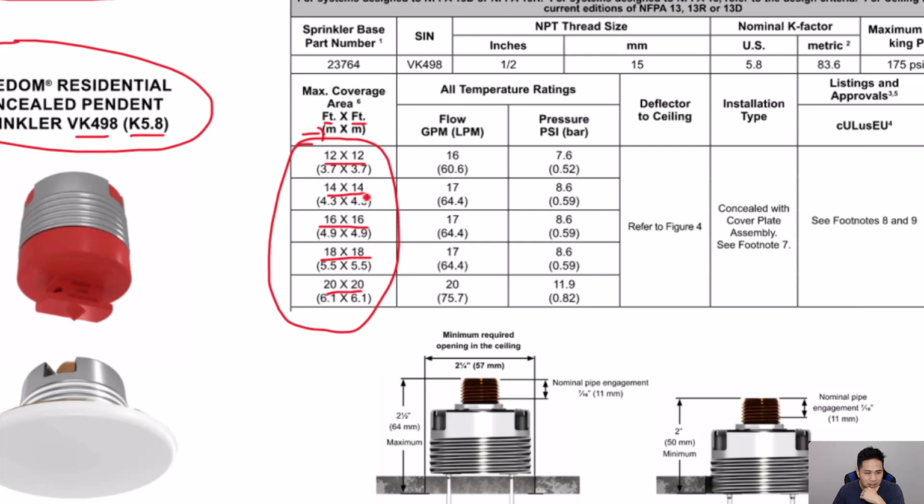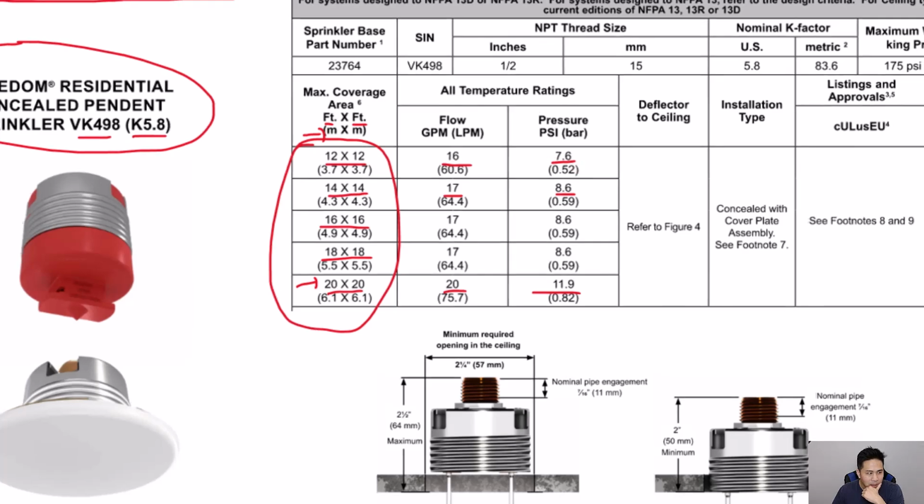And you could see that these are the ratings based on a specific pressure provided to the sprinkler head. And for that pressure, you get a certain flow rate here. Okay, so you could see as the pressure goes up, you have basically more GPM and a higher throw. So it goes further based on the pressure.